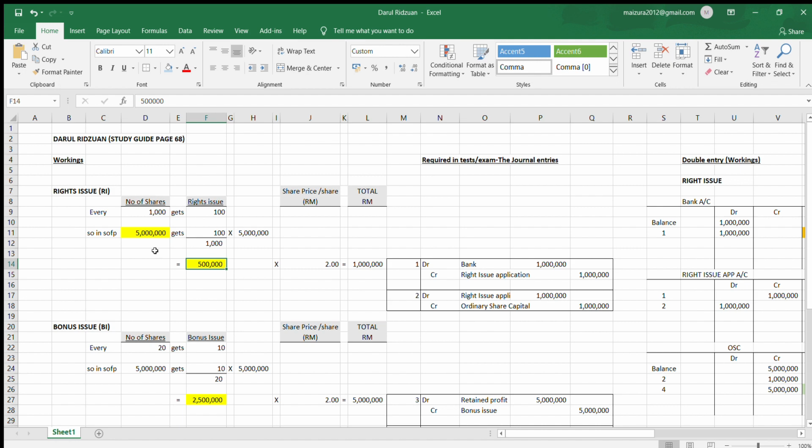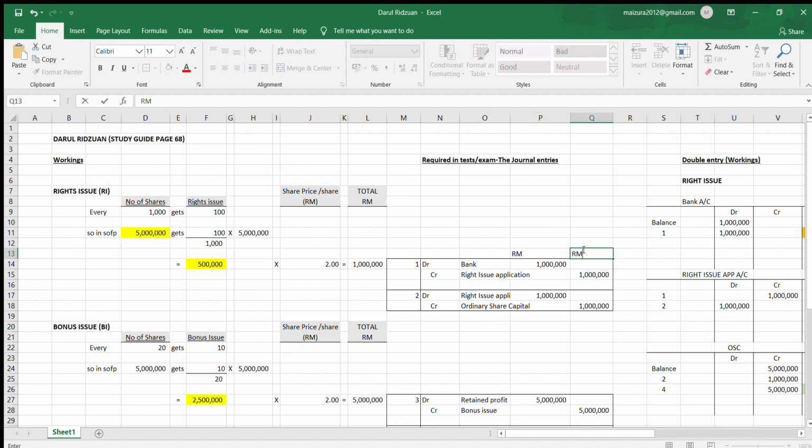Now this is in terms of number of shares, so you multiply by the share price of 2 ringgit and you get the RM of 1 million. This 1 million is whatever the company receives, and the double entry will debit the bank and credit the right issue application account.